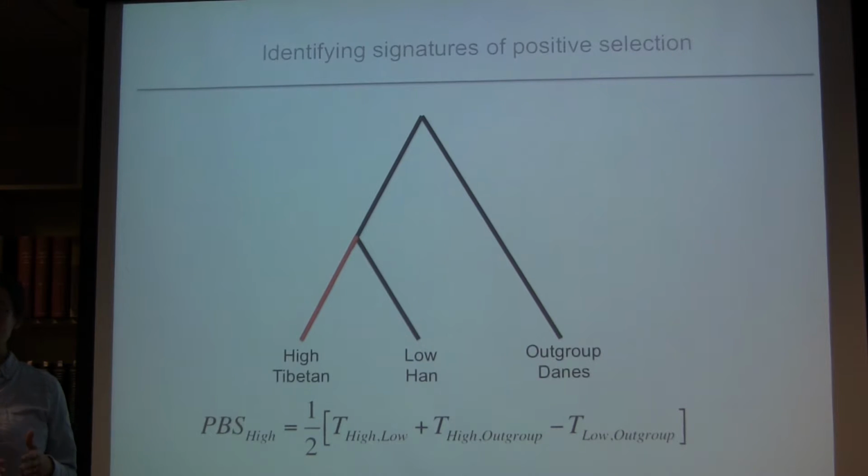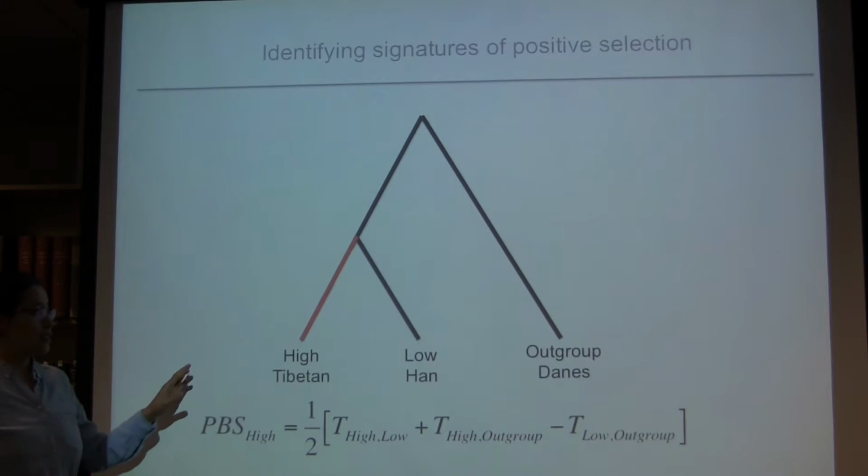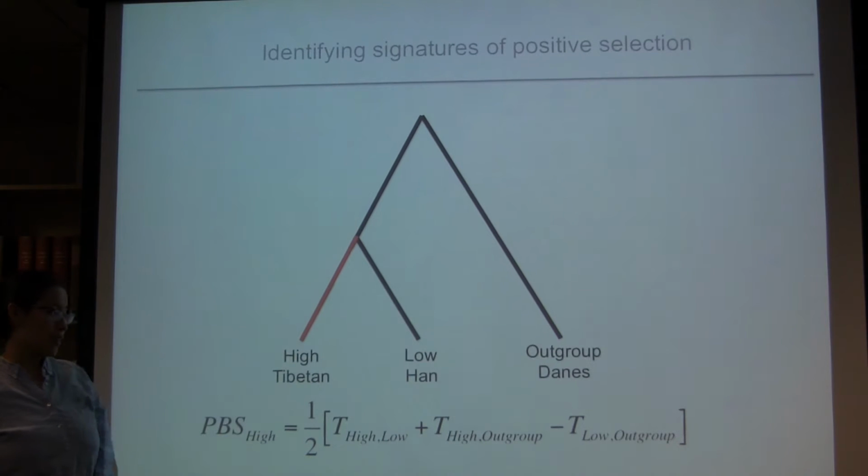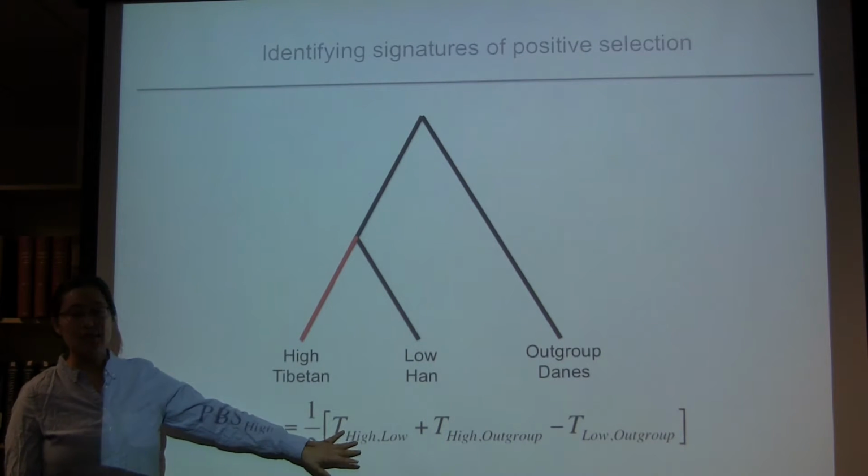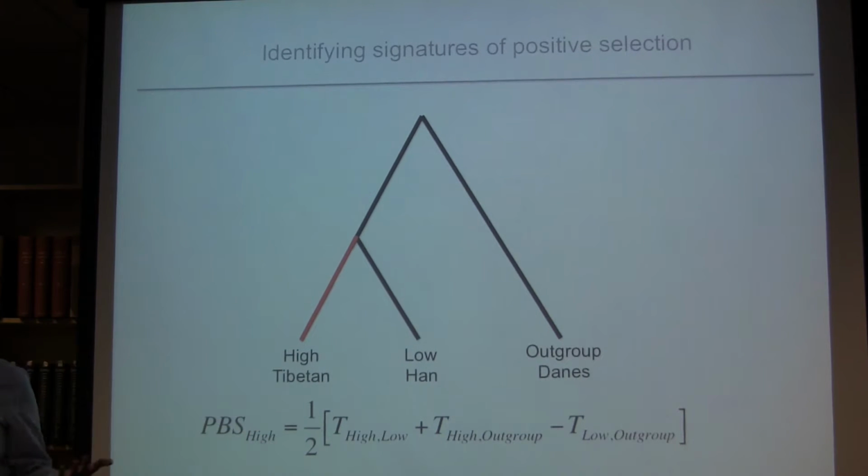So to focus on the unique changes in the Tibetan population, we could use an outgroup. Essentially it boils down to estimating this branch length, and you can do that by estimating these T's, which are just a transformation of population differentiation.